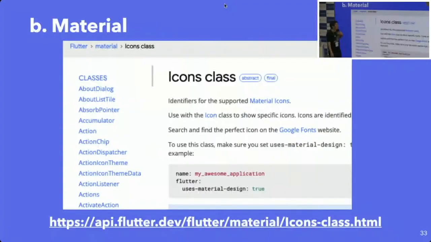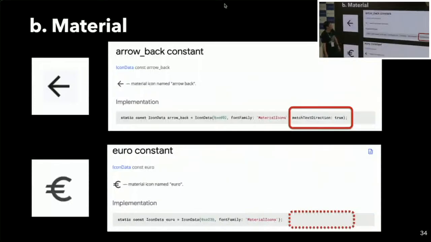Next step is how to implement this for material icons. I recommend you check the Icons class API document. This document includes very important information for us. Here are two examples, a back icon and a euro icon. I recommend you check the tail of this document. Back icon contains the default property match text direction true.